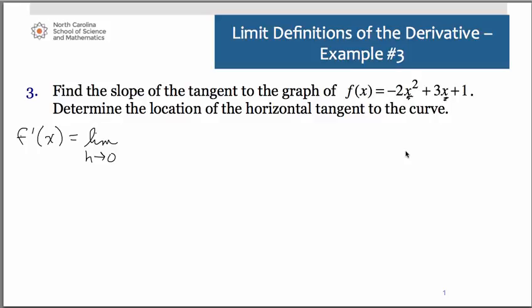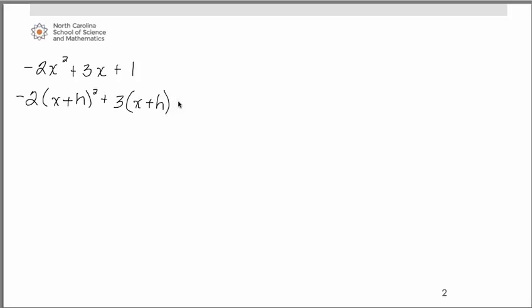So let's go to the second slide just so we can write that out for ourselves, just so you can see what it looks like. So remember our given expression is negative 2x squared plus 3x plus 1. So when we evaluate that for f of x plus h, we're doing negative 2 times the quantity x plus h squared, plus 3 times x plus h plus 1.